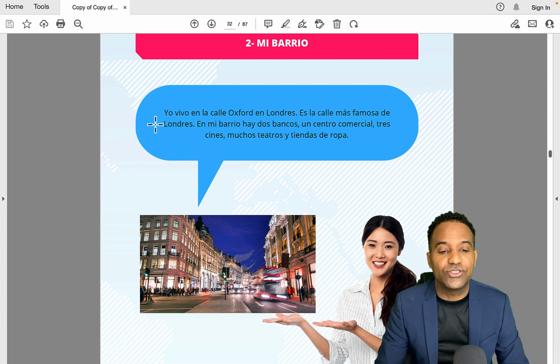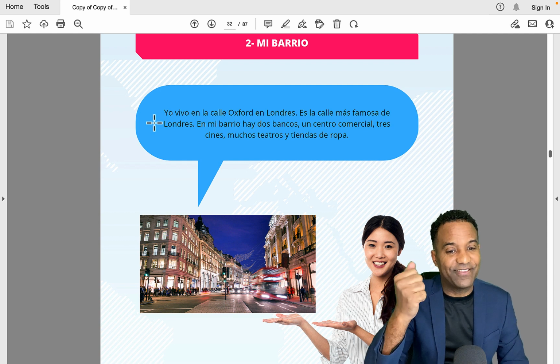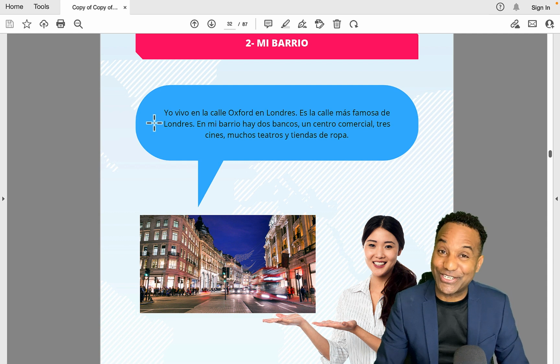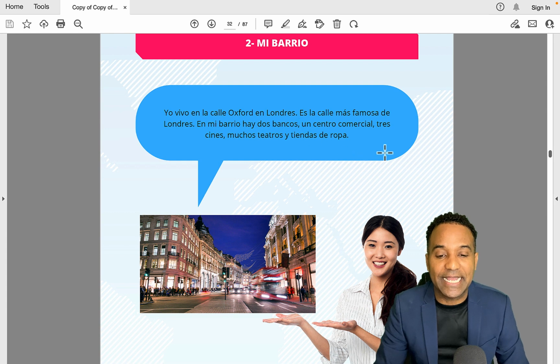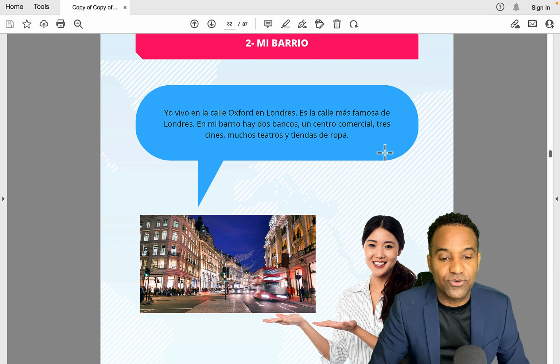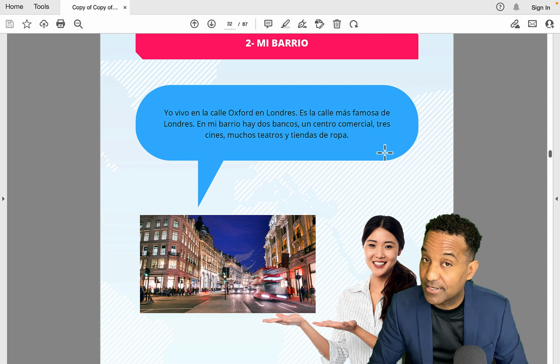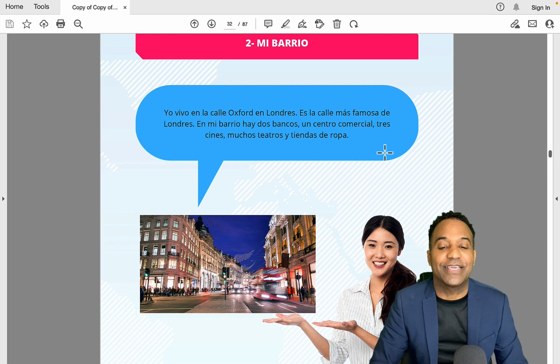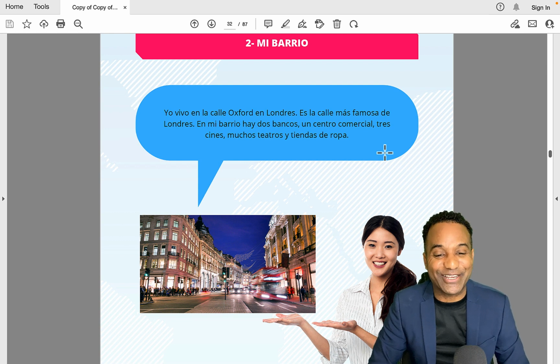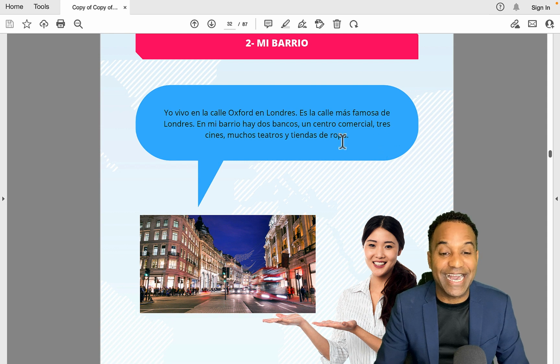So she said, yo vivo en la calle Oxford en Londres. So I live in Oxford Street in London. Es la calle más famosa de Londres. Exactly. It's the most famous street in London. En mi barrio hay 2 bancos. In my area, in my neighborhood, there are 2 banks. Okay.